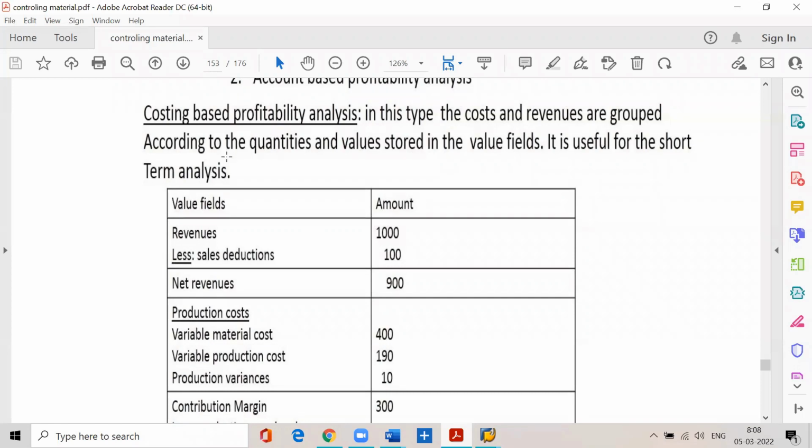So when you use costing based profitability analysis, we can also report on the quantities, because in controlling we always maintain the quantities. So in costing based profitability analysis, we can get the information regarding the quantities, and the information is extracted from the controlling records.